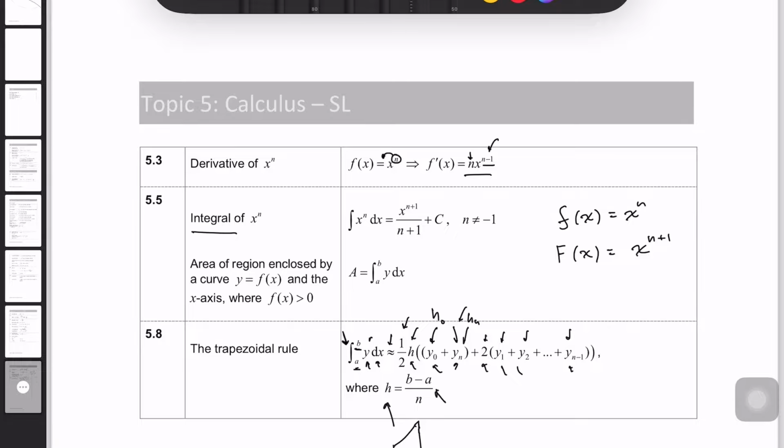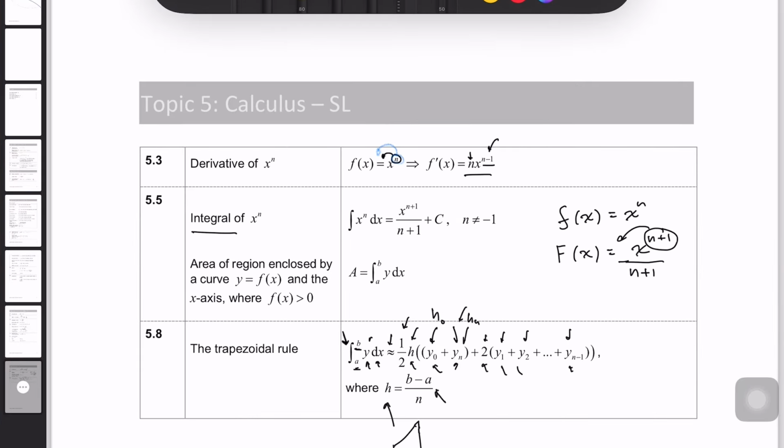But since when we take the power rule, we multiply out in front, in this case we need to divide by n plus 1 to compensate for the time where we multiplied out in front. And so the integral is the opposite of differentiation. We reverse the process. Instead of multiplying out in front and taking away 1 from the exponent, in this case we add 1 to the exponent and we divide.